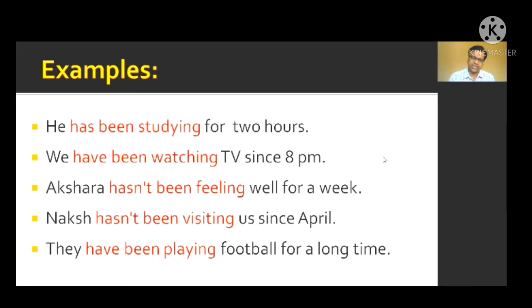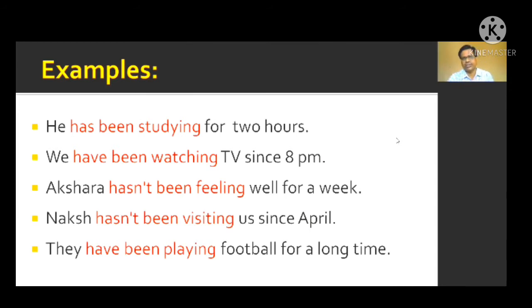They, third person plural number, have is present form, been is perfect form, playing is continuous form. That's why this sentence has become present perfect continuous tense. So this is how we can discuss in general about the present perfect continuous tense.